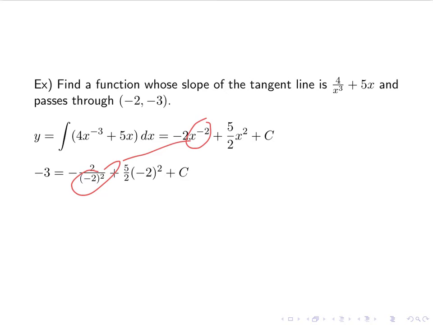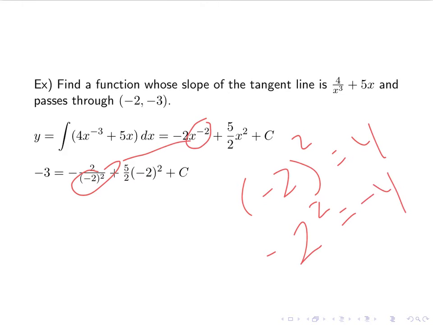Don't forget, if you're going to plug this into your calculator, you need parentheses when you're squaring -2. Remember that (-2) squared is 4, but if you plug this into your calculator without parentheses, that is -4, so you have to be really careful. The calculator will do order of operations, not what you think it's trying to do. So you gotta be really careful when you're squaring negatives.